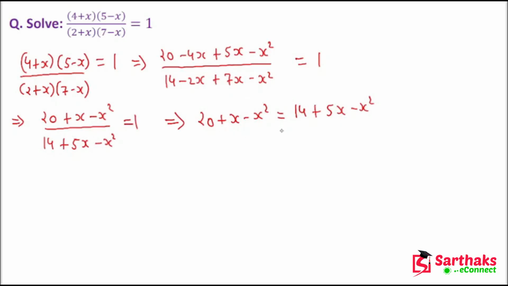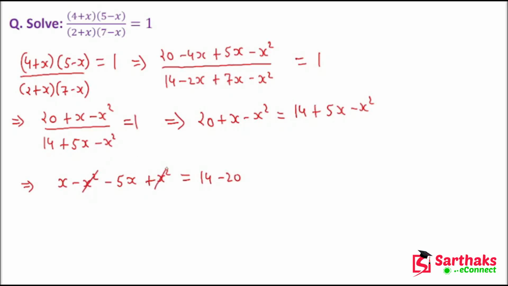Again, now bringing all the terms related to x on one side, we have x minus x square already on the LHS. Bringing 5x to the LHS will make it minus 5x, and minus x square will make it plus x square is equal to, here we have 14, taking 20 to the RHS will make it minus 20.